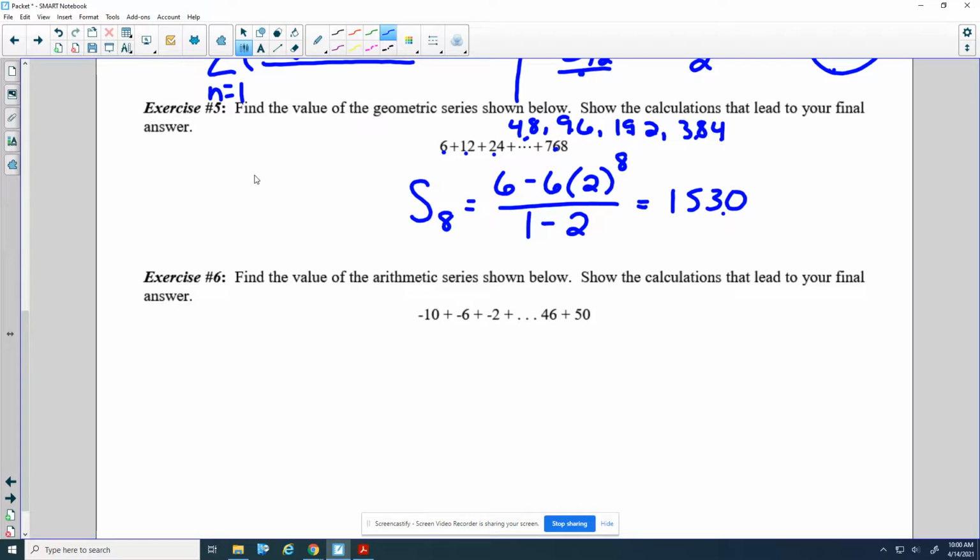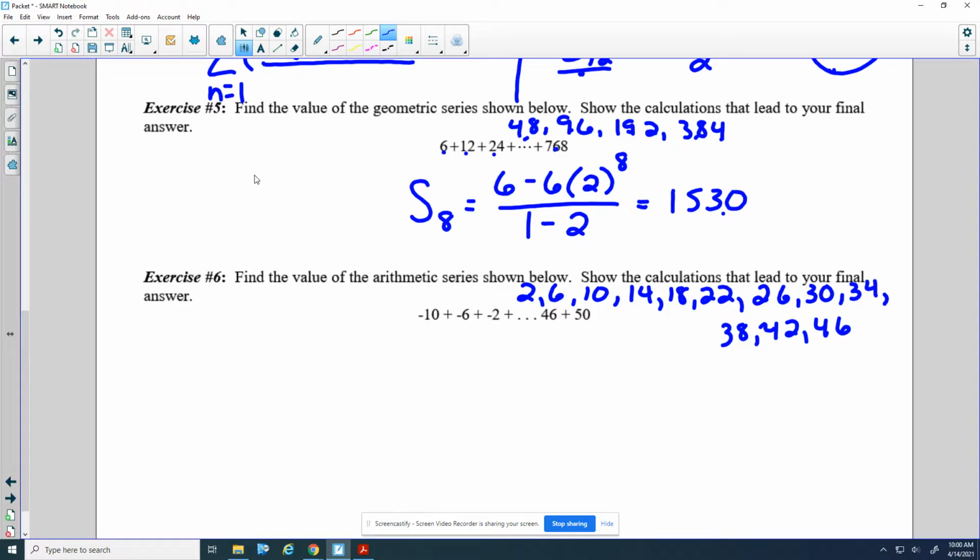On the next one, where it's arithmetic series, we do need to figure out how many terms we have going on here. There's going to be a bunch to list out. So we're adding 4, right? Okay, so there they all are. If I counted them all up, there are 16 of them.